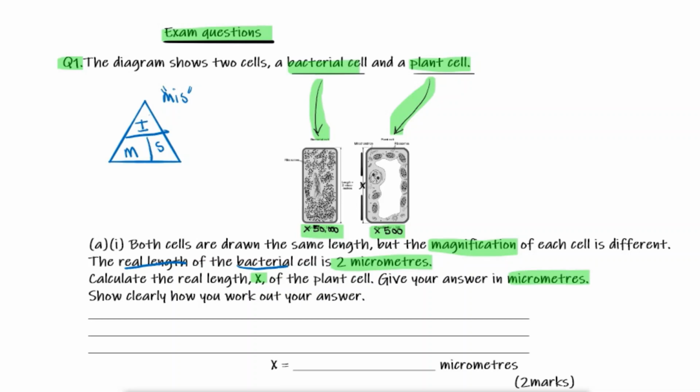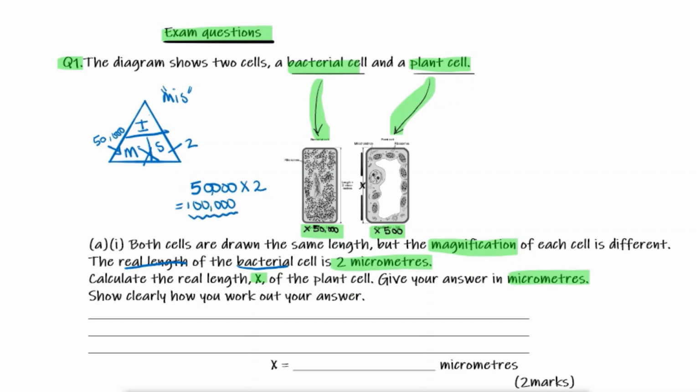So the bacterial cell is 50,000, which is the magnification, and its real size is 2 micrometers. So we'll multiply by 2. So it's 50,000 times the 2, which will give us 100,000.